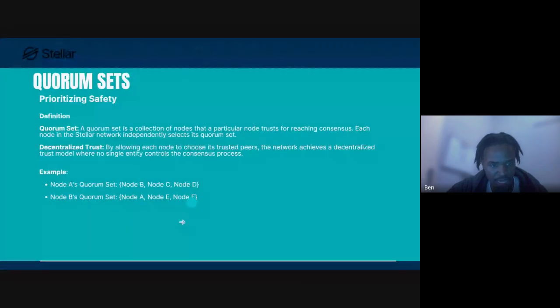So let's say you are node A, so you're running node A. You're going to select which nodes you're going to trust, and you do it manually. So you've selected node B, node C, node D, and there should also be some overlap.